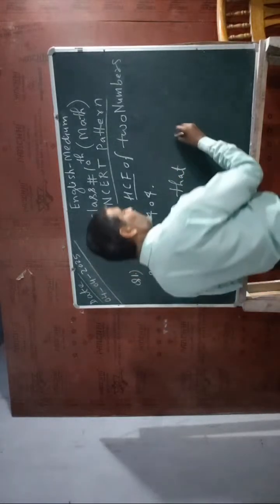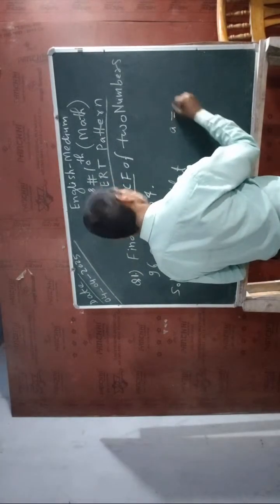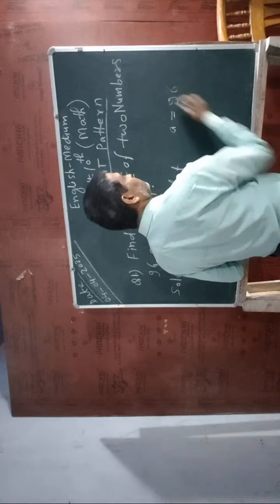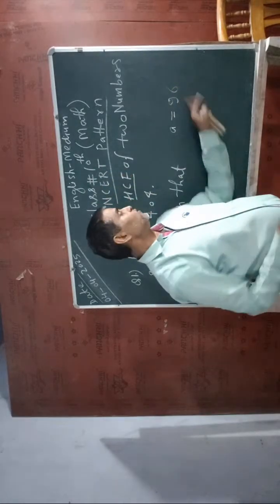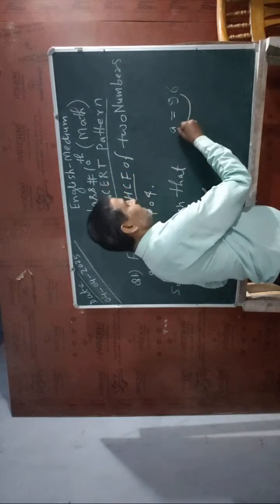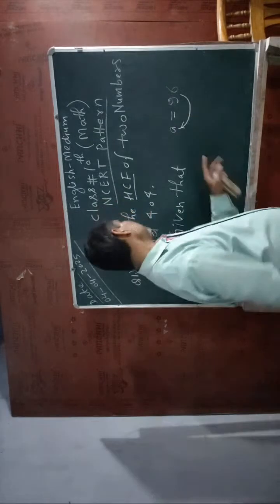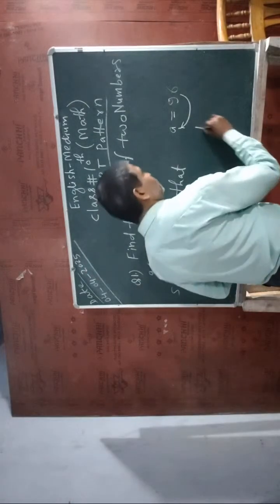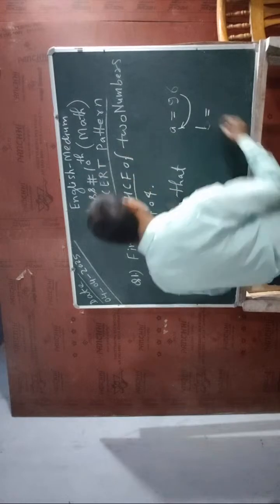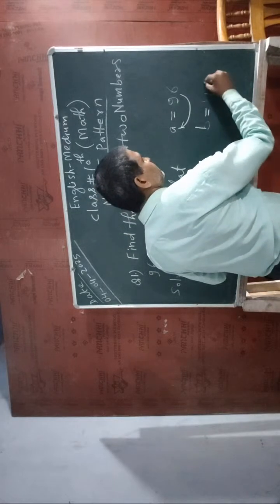Now here I will assume A is equal to 96. It means that 96 value I will assign in A. Similarly, I will assume B is equal to 404.